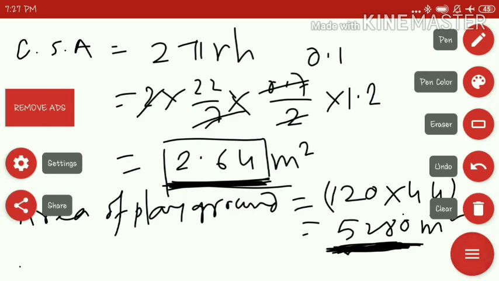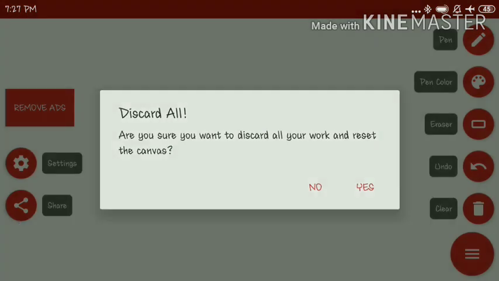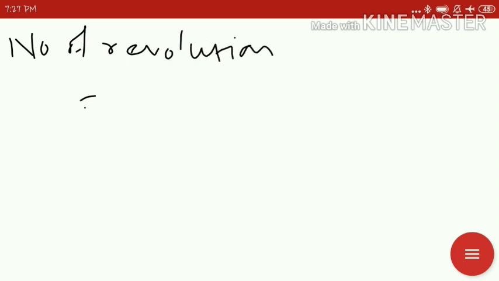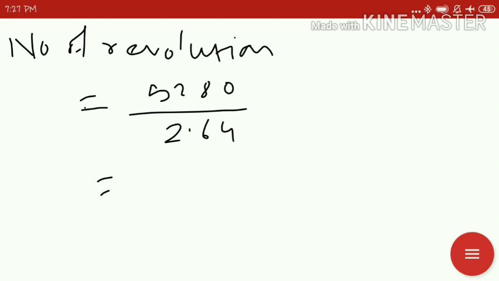So here the number of rotations or number of revolutions will be the area needed to cover, that I have found as 5280, over the area covered in one complete rotation. If you omit the decimal in 2.64, above it will give 100.